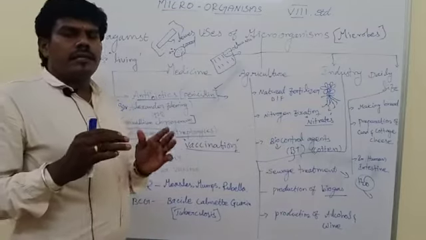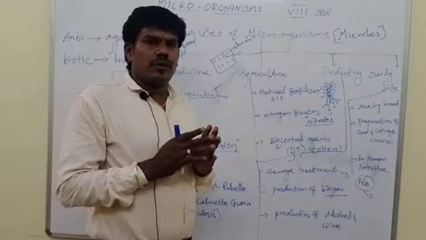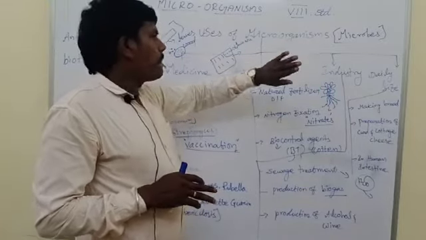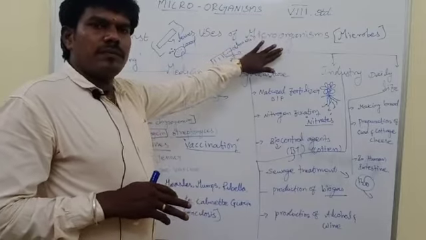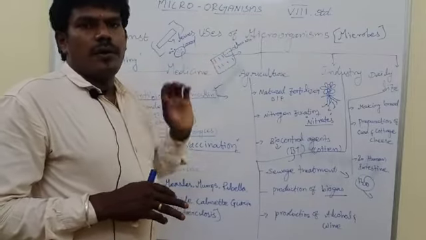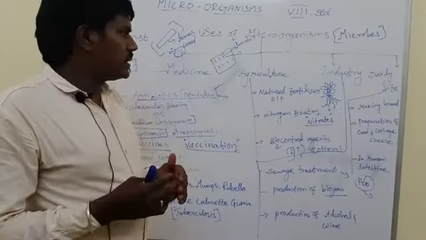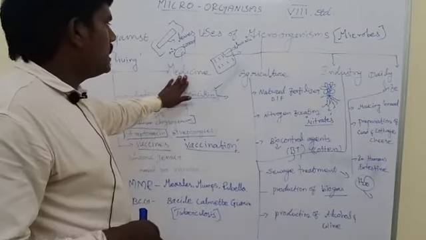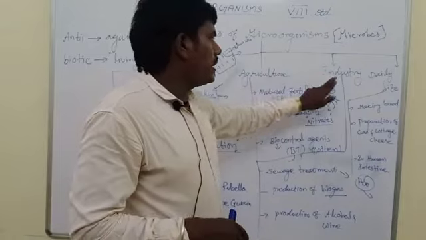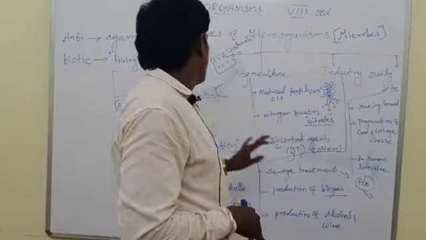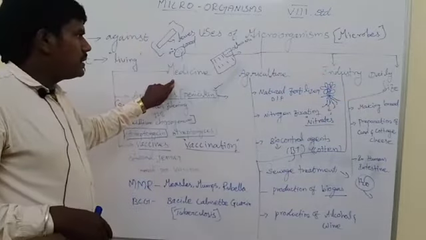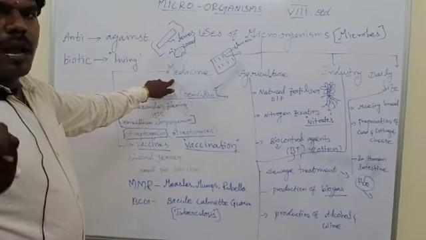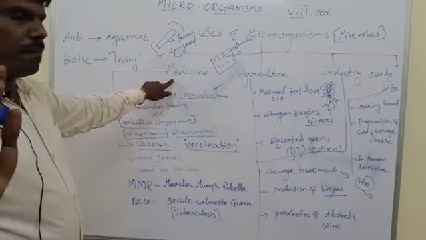See, let us quickly revise today's session. Uses of microorganisms. Microorganisms have so many uses. What are the uses? Basically they are divided into 4 categories: medicine field, agriculture field, industrial field and daily life. In the medicine field, antibiotics and vaccines are obtained from microbes.